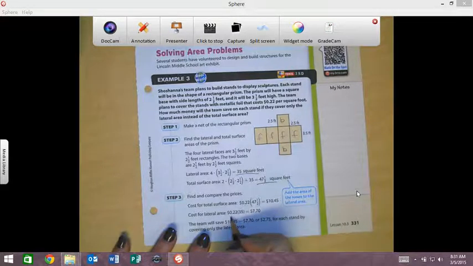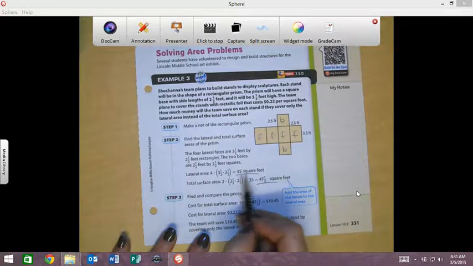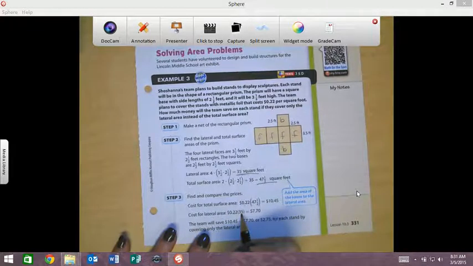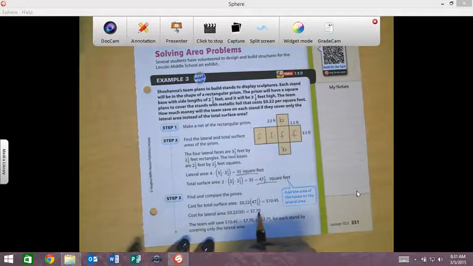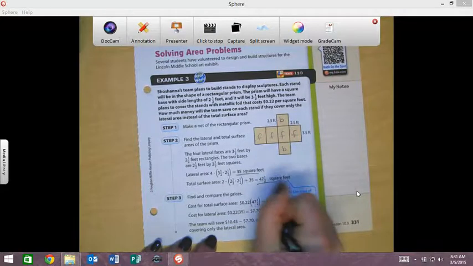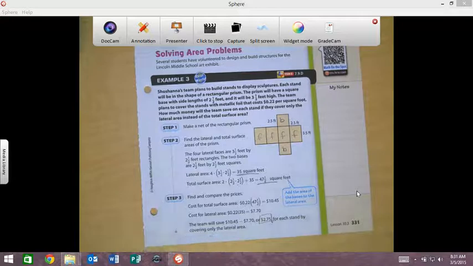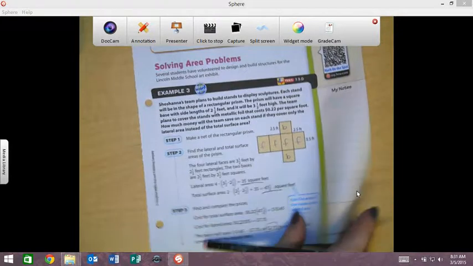And then your lateral area was only 35, so you do 22 cents times 35, which is going to give you 7.70. Now they want to know what is the difference. How much are they going to save? So we need to subtract those 2, and they're going to save $2.75 after they subtract them.